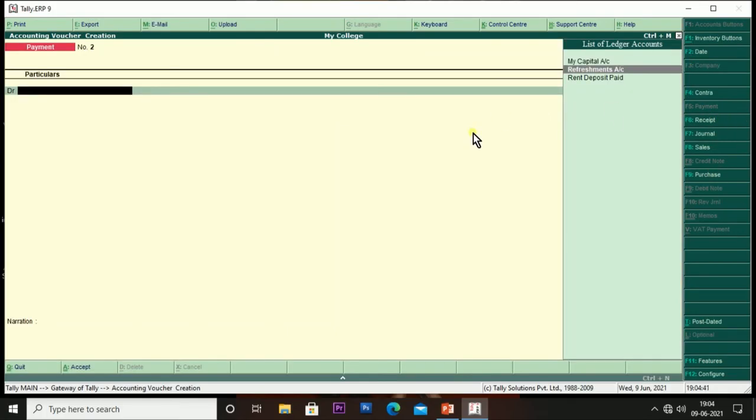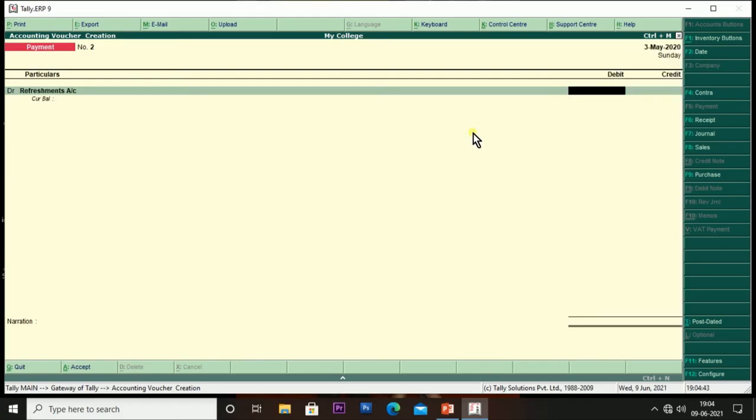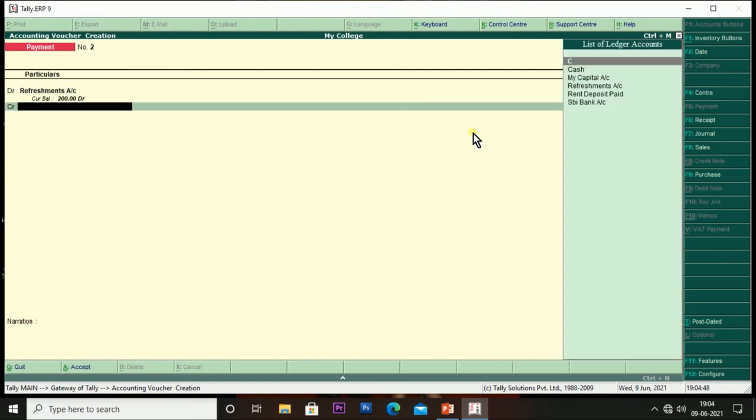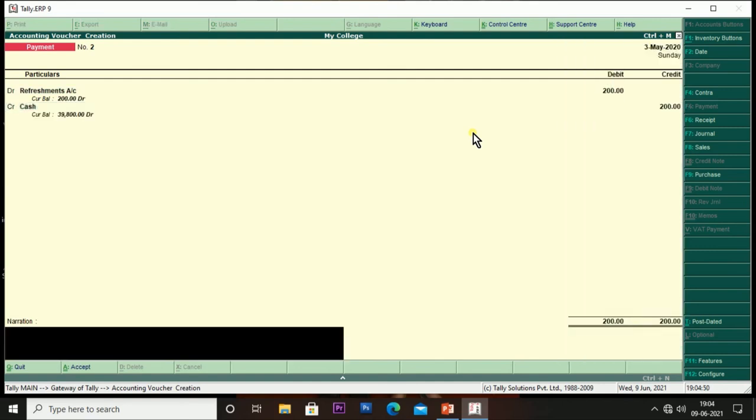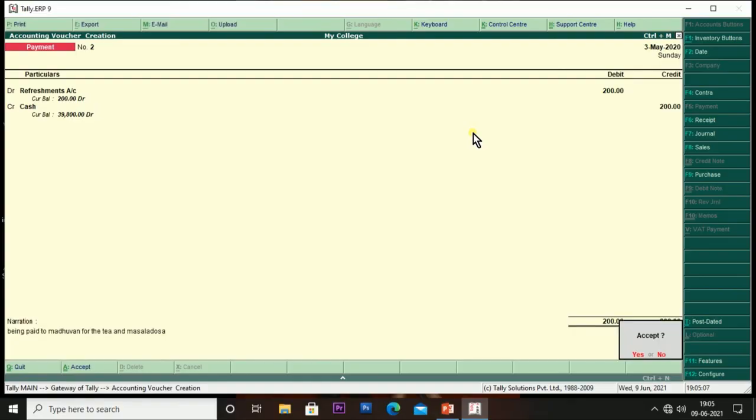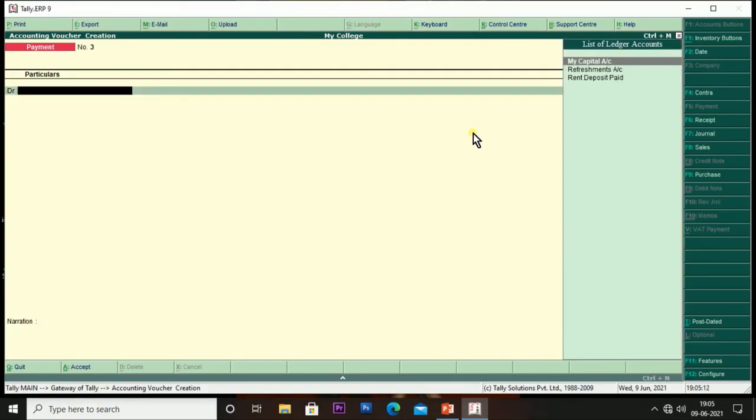Take refreshments on the debit side. Take the amount, for example 200 rupees. Credit to cash. Being paid to Madhuvan for the tea and masala dosa. In this way we can enter payment vouchers.